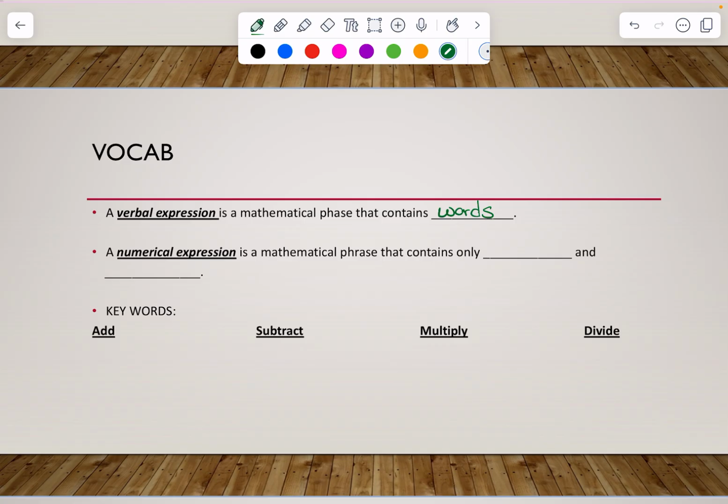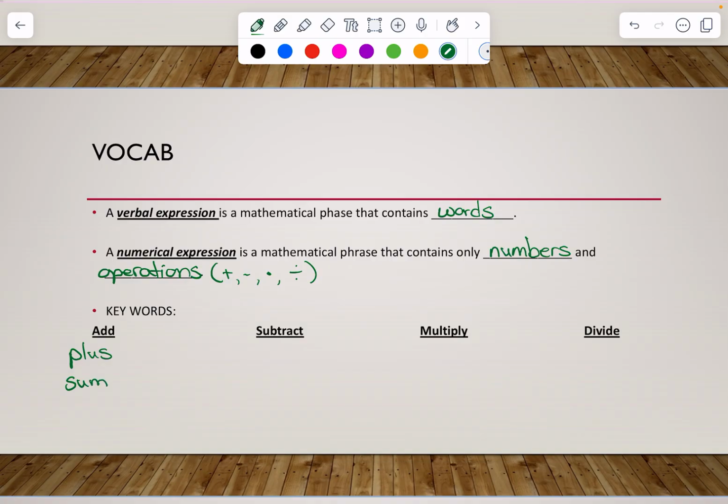A numerical expression is a mathematical phrase that contains only numbers and operation symbols. And by that, we mean things like addition, subtraction, multiplication, division, etc. So if we look at some keywords here, when I'm talking addition, some words you might see are plus.